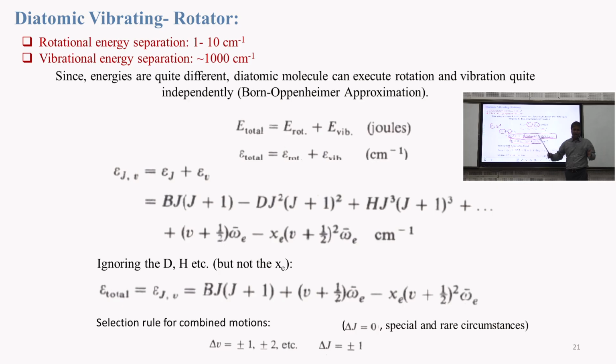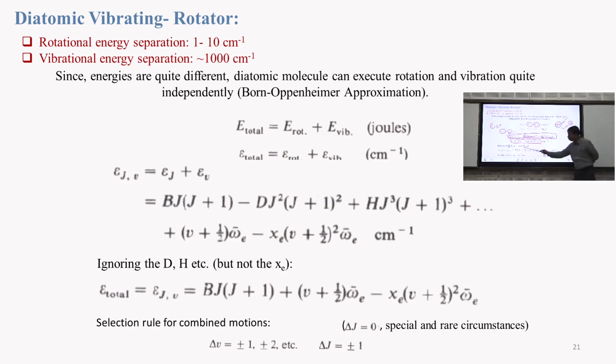In most IR experiments the instrument resolution is around 4 wave numbers. So if their contribution is 0.0002, it doesn't matter whether you consider it or not, because you cannot verify it experimentally, as the experimental resolution is only up to 0.4 or 0.2.